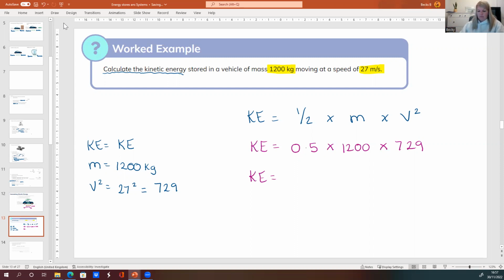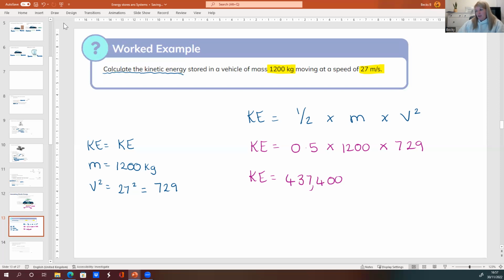Substituting in my numbers. So you plug it in as well, just to check that we're getting the same answers, we're doing the right thing. So I get 437,400.